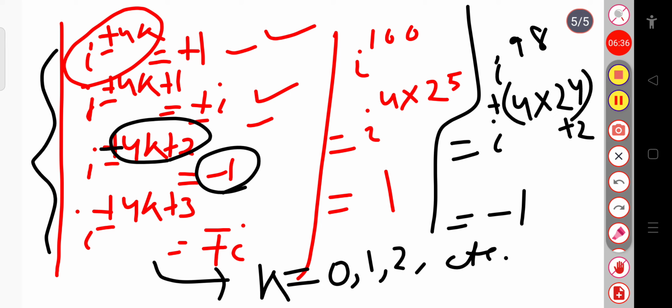Okay. So the introduction of this imaginary number i leads to the complex number system.